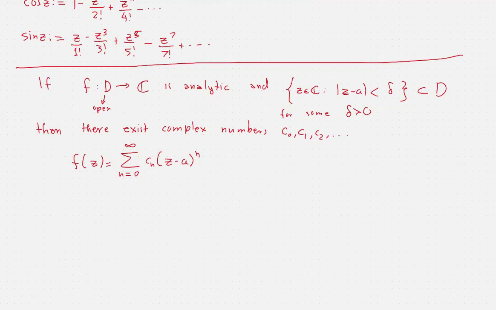So you can have a real function which is everywhere differentiable on the real line, and when you take its first derivative, it's not differentiable at a single point. You can never have this for complex functions. In fact, these coefficients here are none other than essentially the derivatives divided by n factorial.